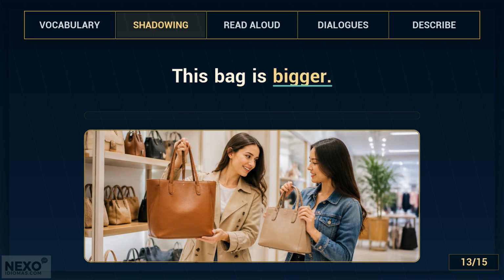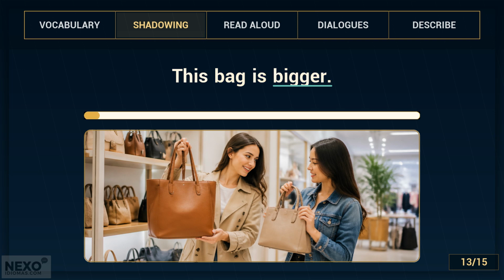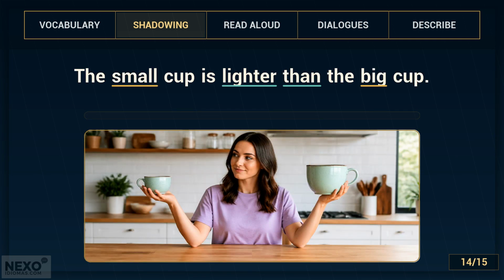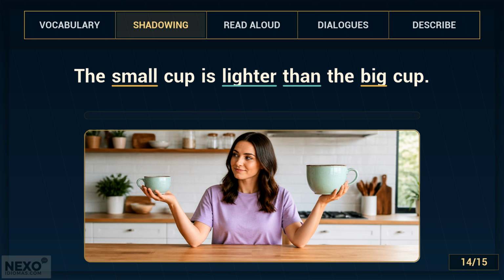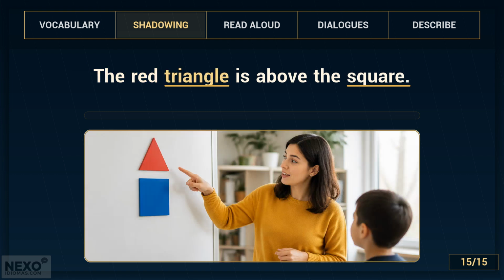This bag is bigger. The small cup is lighter than the big cup. The red triangle is above the square.